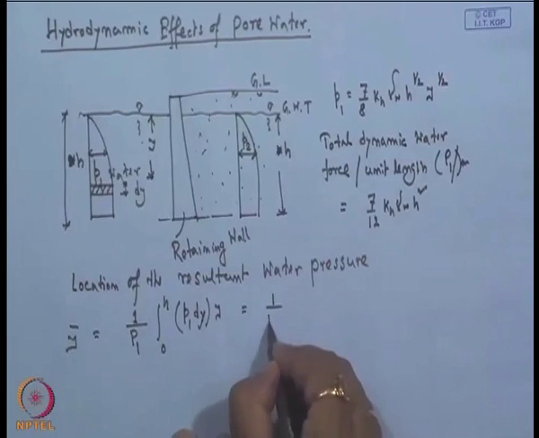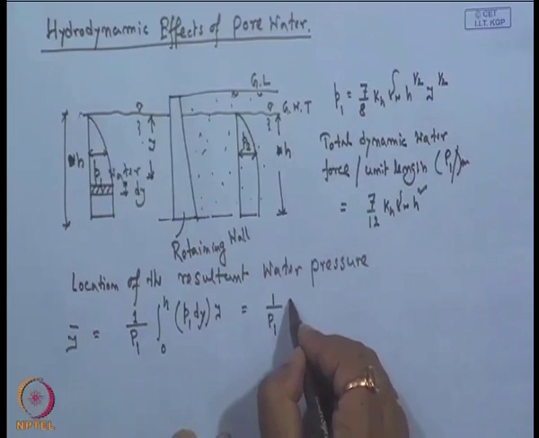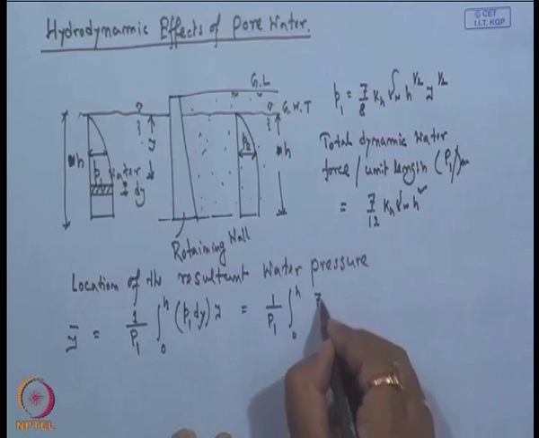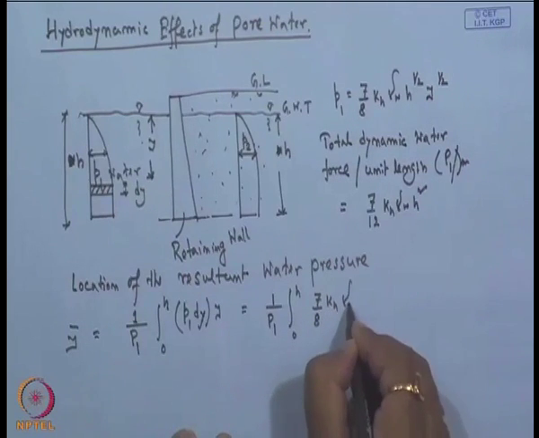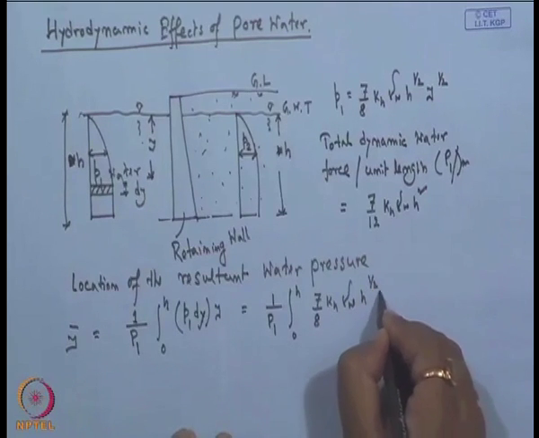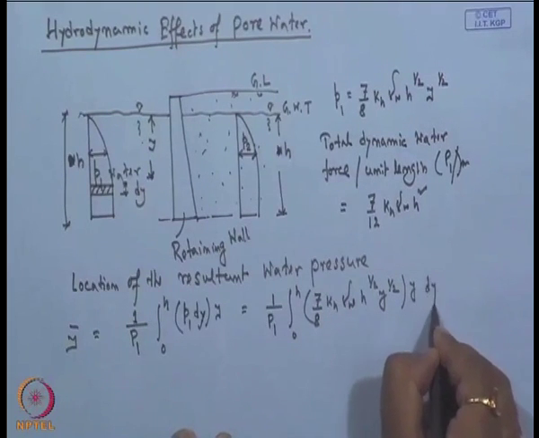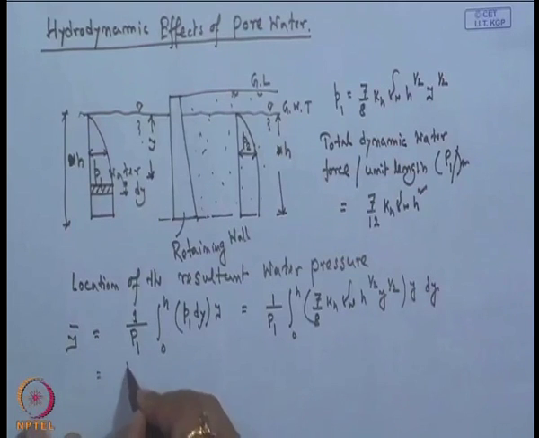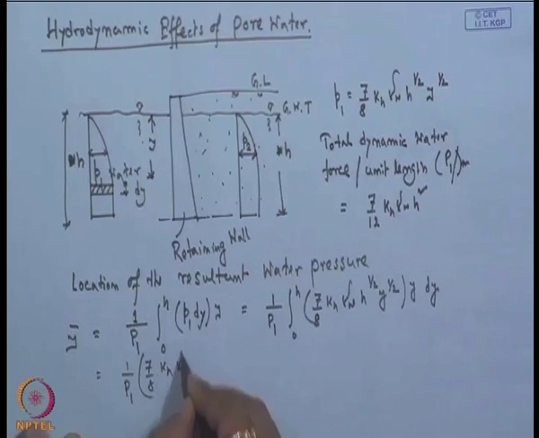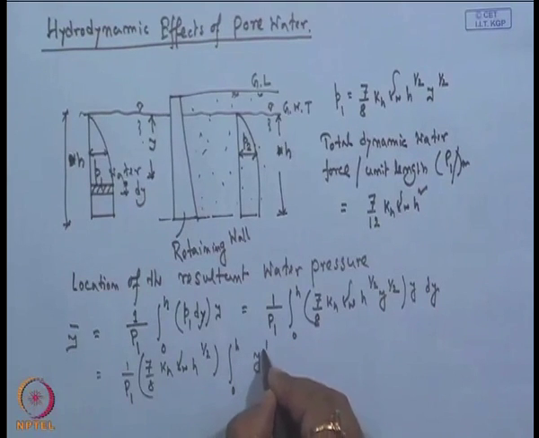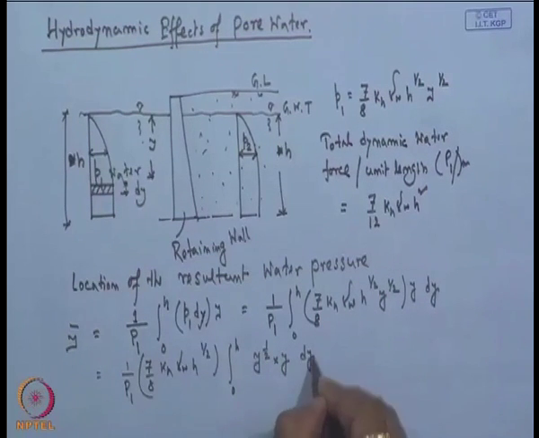So, now we will write P1 into the integral from 0 to h, where small p1 is 7 by 8 kh gamma w h to the power half y to the power half, into y into dy. So, finally, we can write this as 7 by 8 kh gamma w h to the power half, integral from 0 to h, of y to the power half into y into dy.